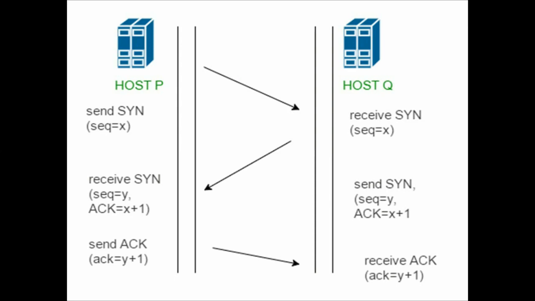Then host Q will reply to host P that it has received the signal, with sequence Y. When this acknowledgment is received by host P, host P will send one more acknowledgment to host Q that it has received this sequence. Then a secured connection is established. After that, the messages are actually sent.